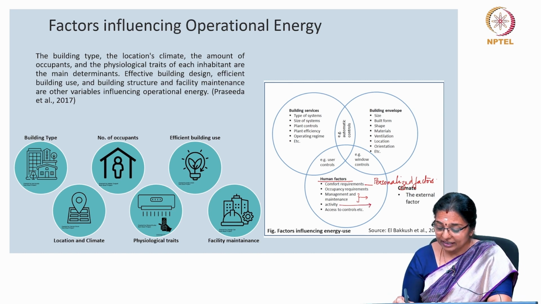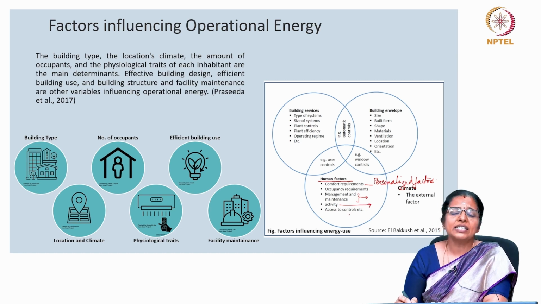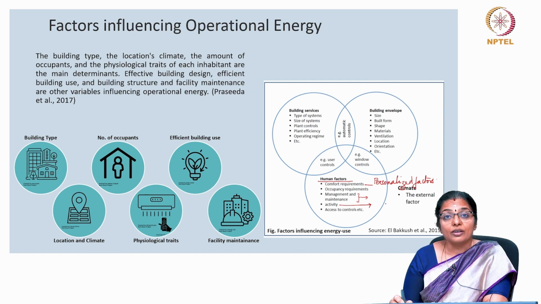Then activity levels. Imagine there is a space, probably even a residence, and there you have a treadmill. A person who uses the treadmill is going to feel warmer than a person who is sedentary. The activity level matters.